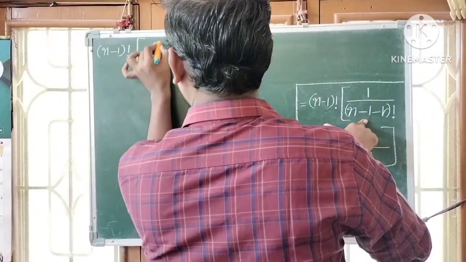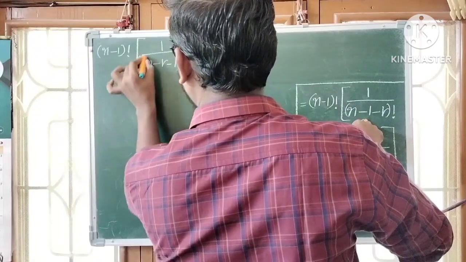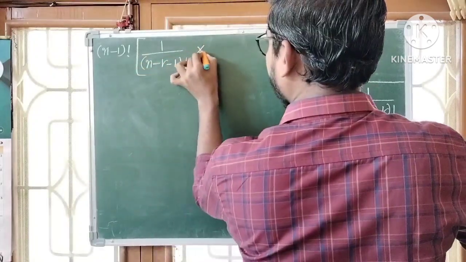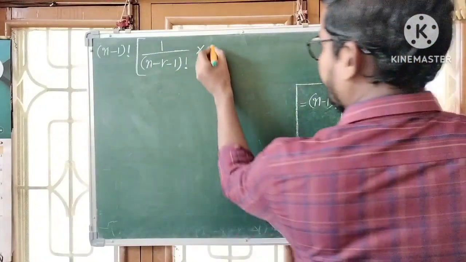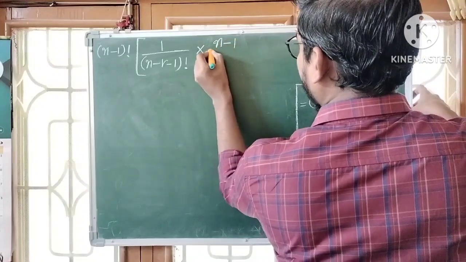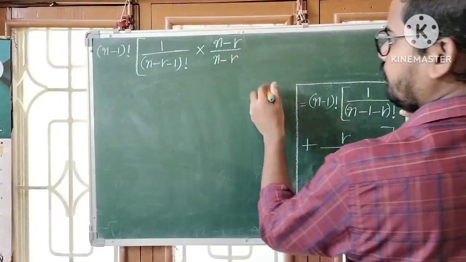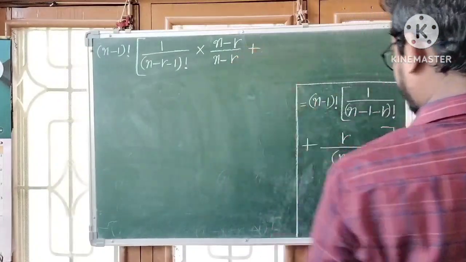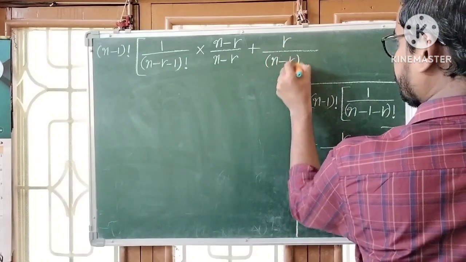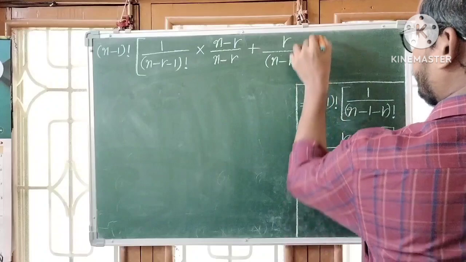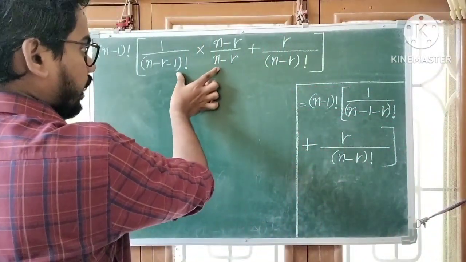It means 1 by n minus r minus 1 factorial, multiplied and divided by n minus r, plus the remaining term as is, r by n minus r factorial. So now we can make the common denominator n minus r factorial.